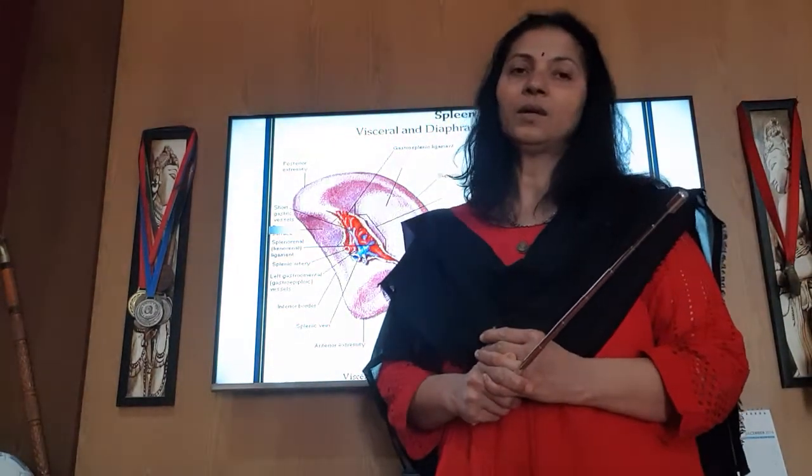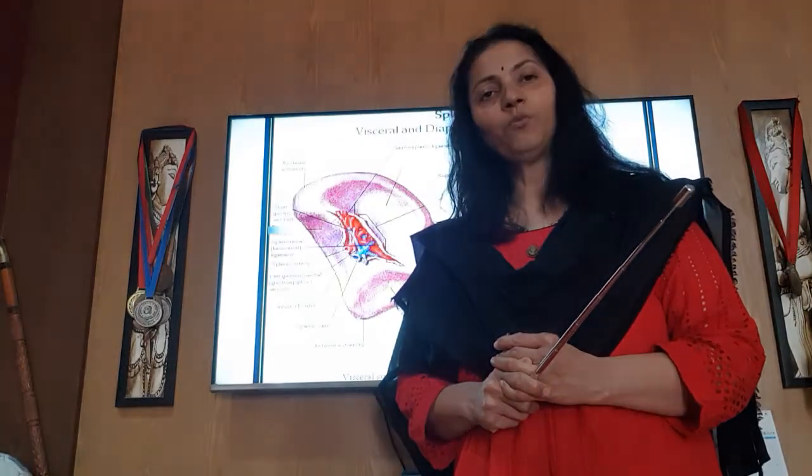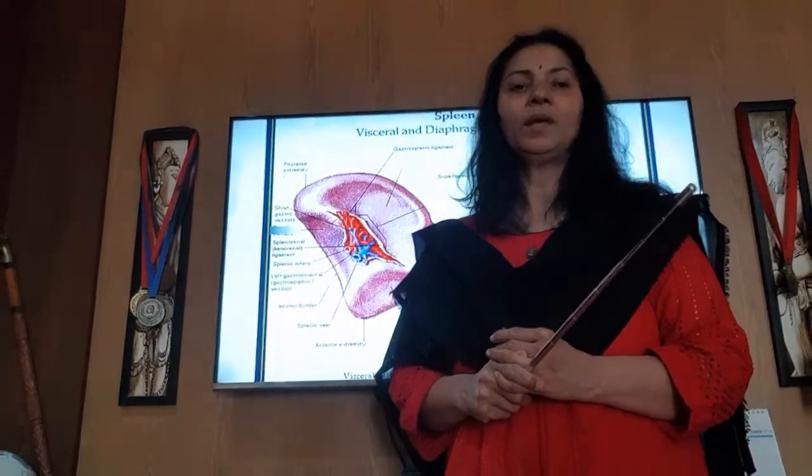Some say it's an open vascular system, some say it's closed vascular system, and the third one is the compromised theory. So there are three theories: open vascular system theory, closed vascular system theory, and lastly the compromised theory. The compromised theory means the vascular system is both open and closed. So what is open and what is closed?